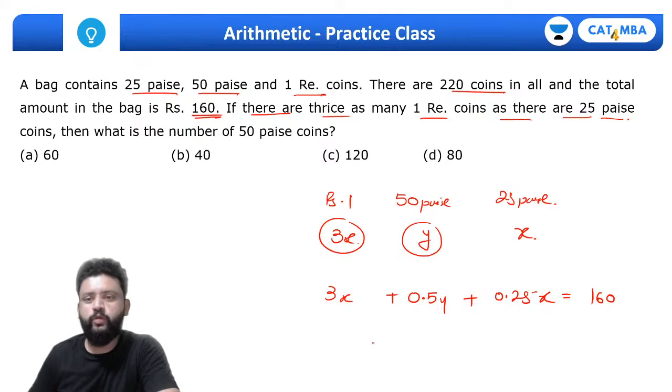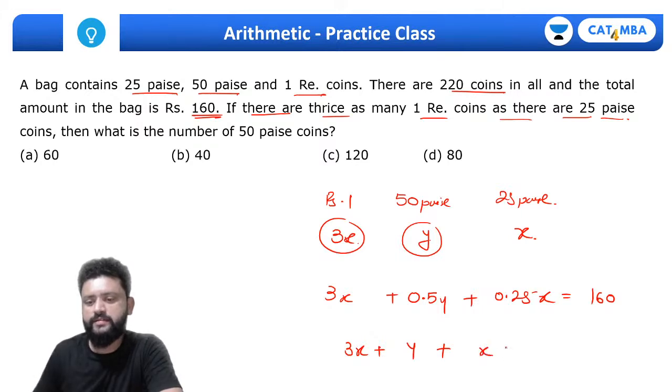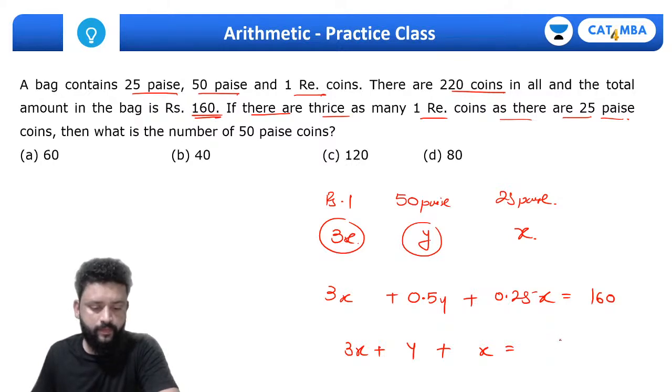After that, the total number of coins is 220, which is 3x plus y plus x. 60, perfectly fine.